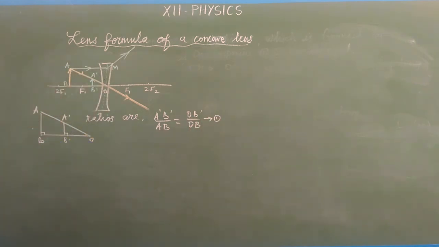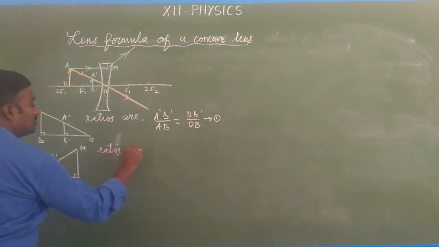Similarly, the second concurrent triangles are F1OM and F1B'A'. Okay, so the ratios are given.